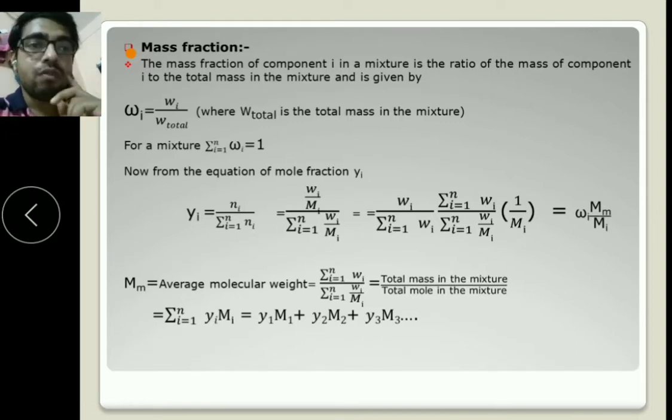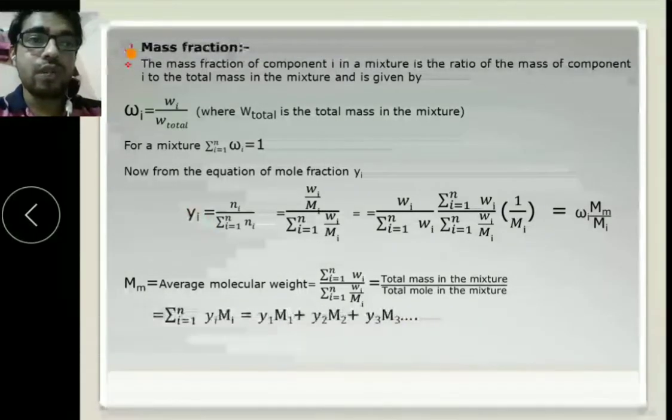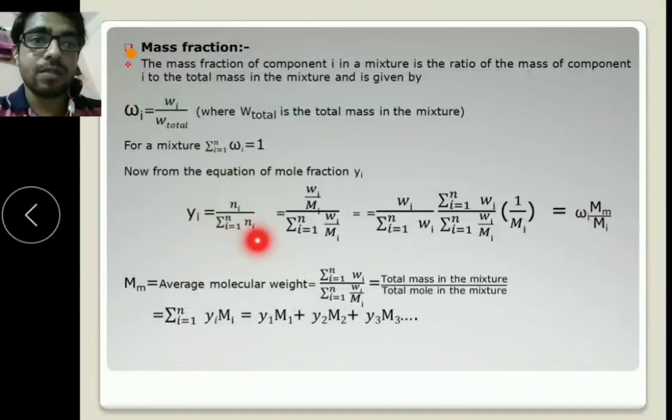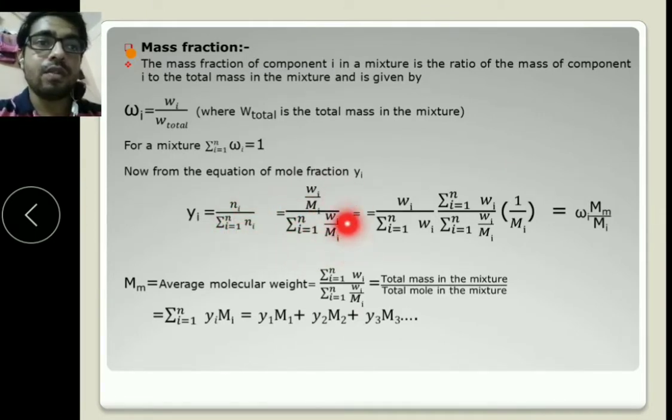Now we have to find a relationship between the mass fraction and mole fraction. We know mole fraction Yi equals Ni by summation of Ni, as I already said. Ni equals Wi by Mi, so we get Wi by Mi divided by summation of Wi by Mi. Now here we have done a trick.